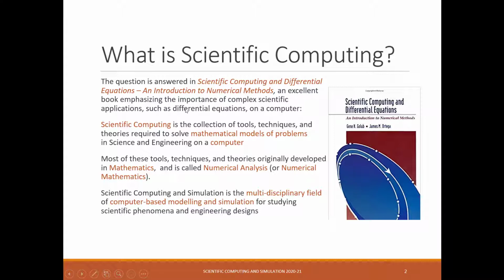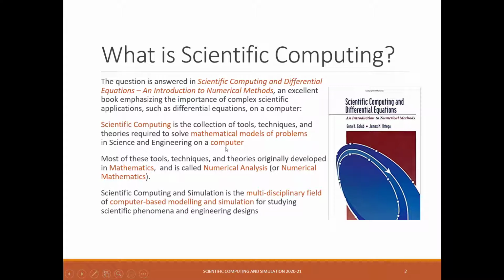Scientific computing in this book is defined as a collection of tools and techniques. We rely on this collection to model, simulate, and solve various complex problems using advanced computing capabilities.